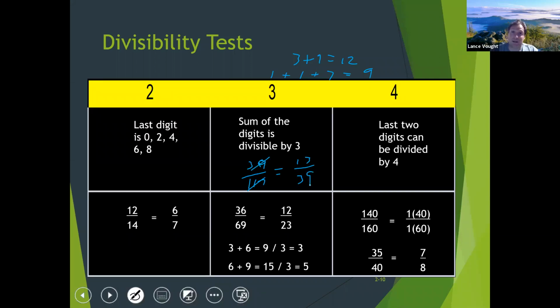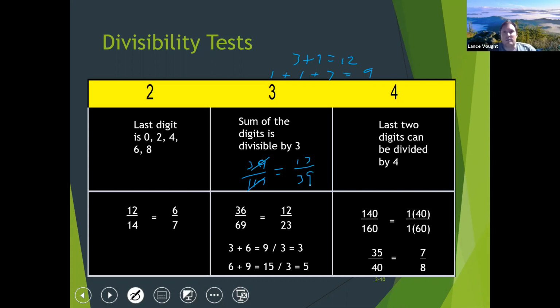Now, is that simplified? Well, we can do the 3 test again to see if it's divisible by 3, because they're both odd numbers, so we know we can't divide by 2. Well, it turns out that 1 plus 3 is 4. That's not divisible by 3, so 13 isn't divisible by 3. In fact, 13 is a prime number, so 13 can only be divided by 13 and 1.